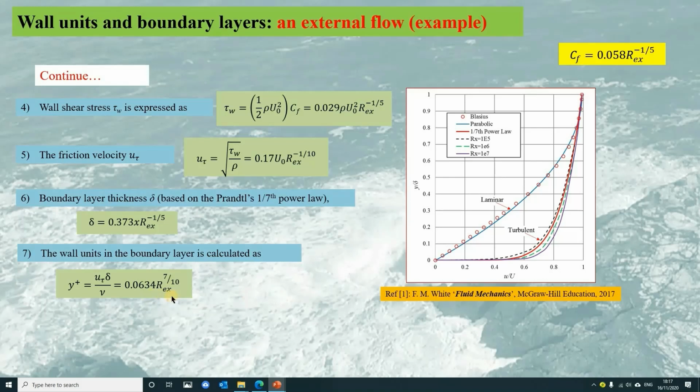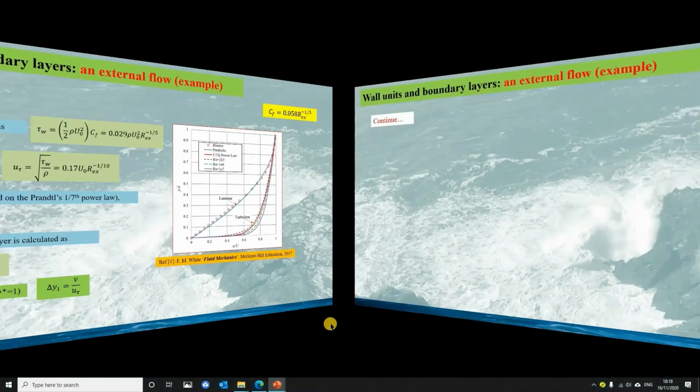So we can see the wall unit only depends on Reynolds number. And also we can calculate the unit wall distance. This is for y plus equal to 1, so delta y1 given by this expression.